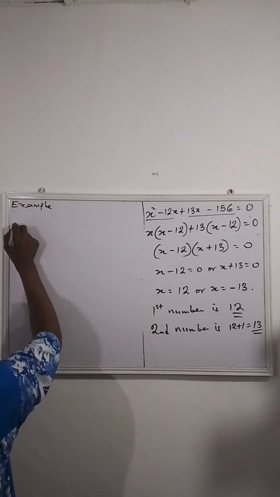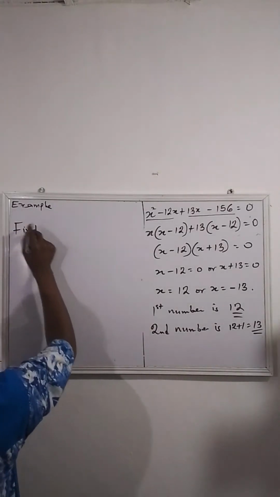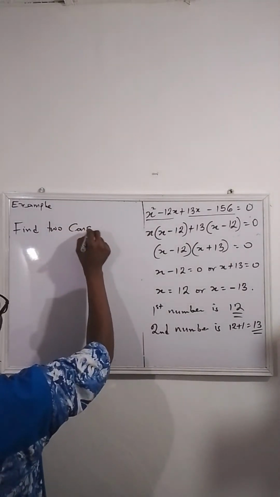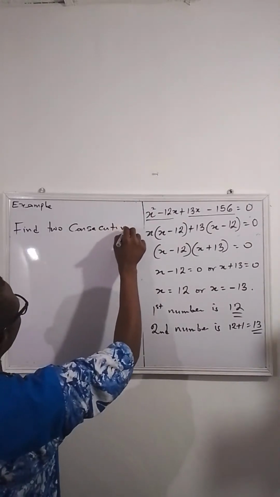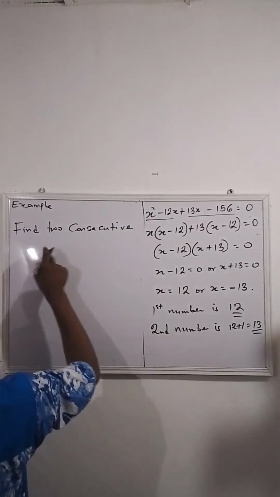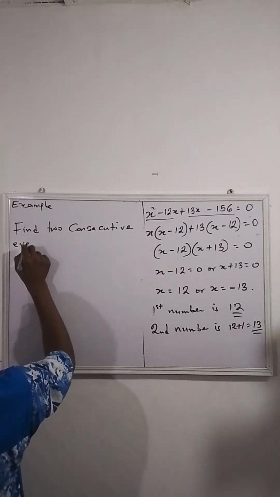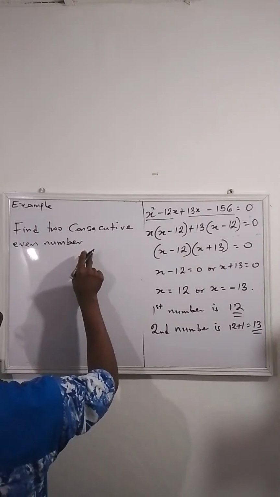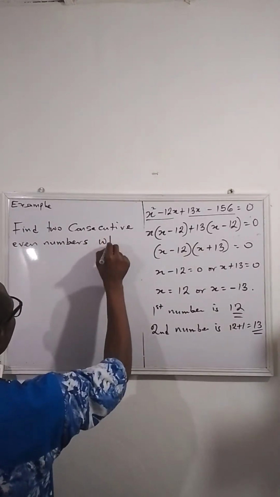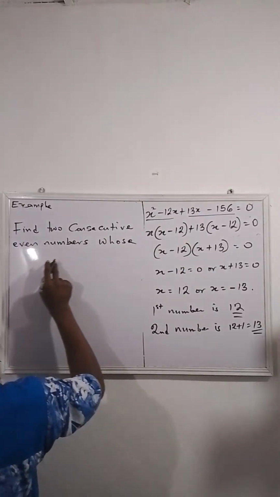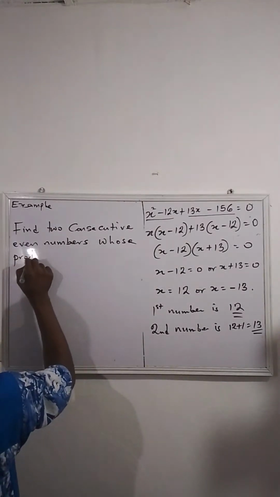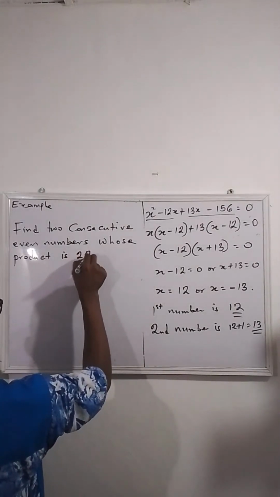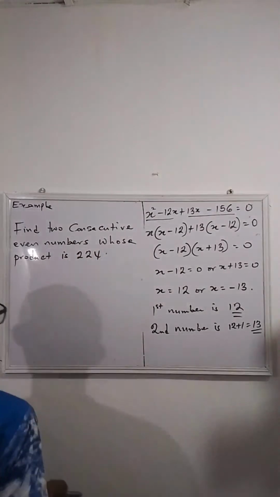Yes, find two consecutive even numbers whose products is 224. Okay, so that is the question.